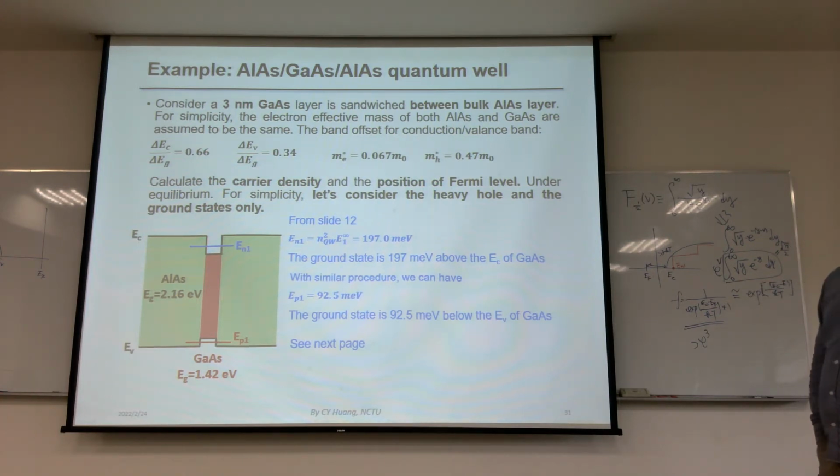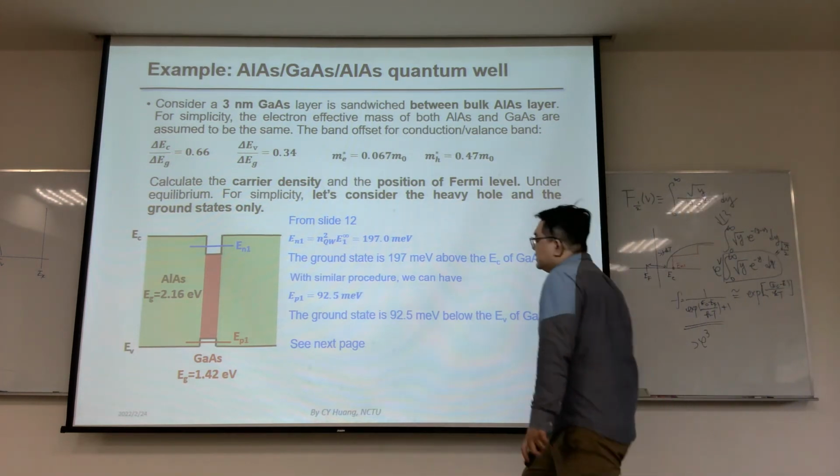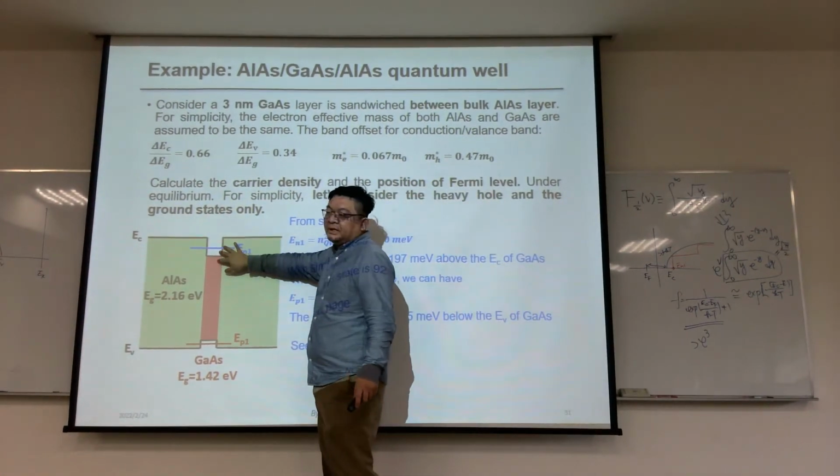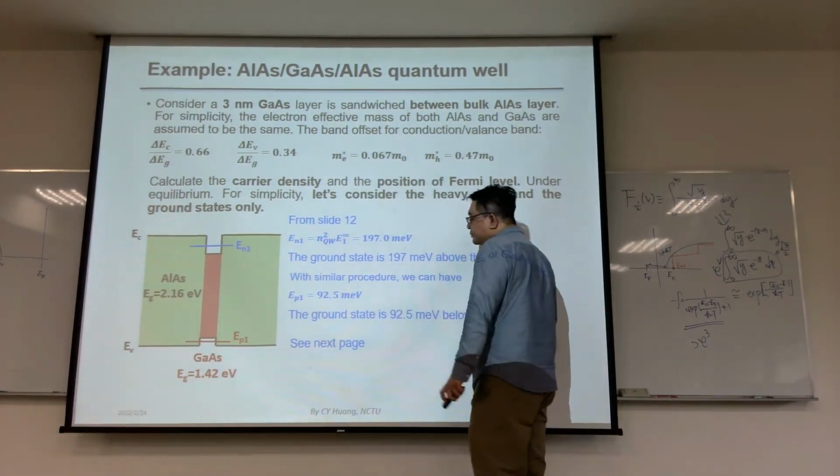Calculate the carrier density and the position of the Fermi level under equilibrium, because we can also calculate under non-equilibrium. For the E1, we are not going to repeat that. The result is that EN1 is 197 meV above the EC.